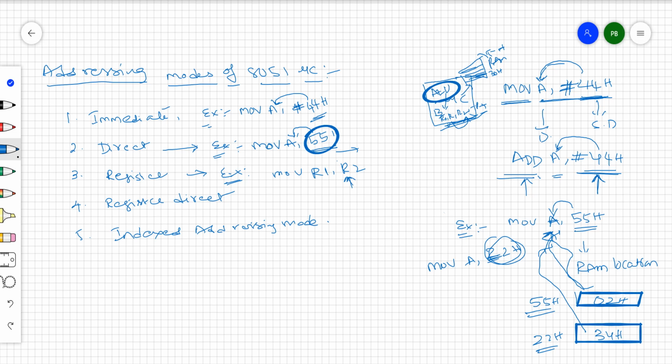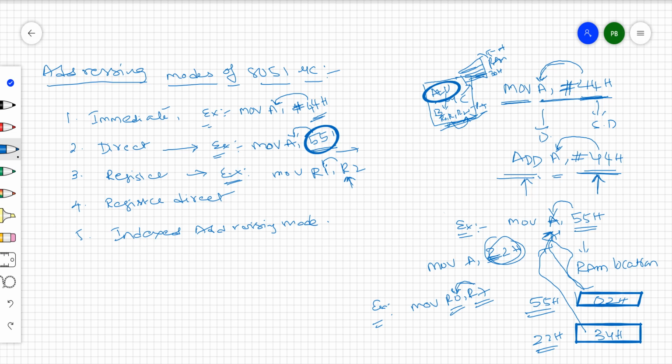Whatever the data present in R2 will move to R1, right? Like that, different examples you can write. MOV R0, R7, right? This is the source register. The data present in the source register will move to the destination, that is R0. Data will move to the register like this, from R7 to R0.